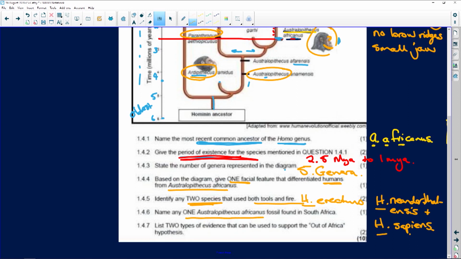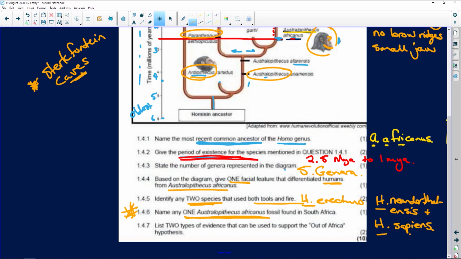Name any one Australopithecus africanus fossil found in South Africa. Okay, people, this is something that you must know because they often ask it. Your Australopithecus africanus, we are very, very well known in the world for the Sterkfontein caves, and all of the different fossils that were found in these caves.